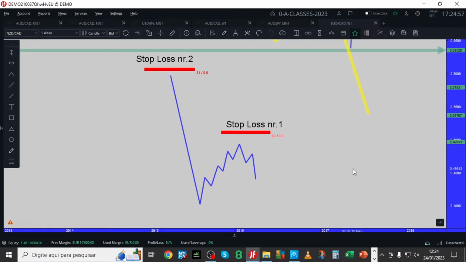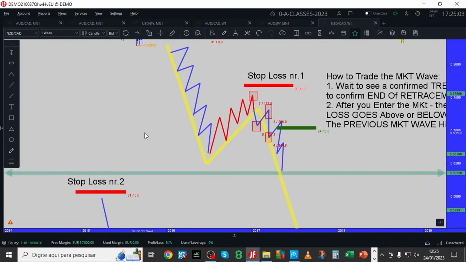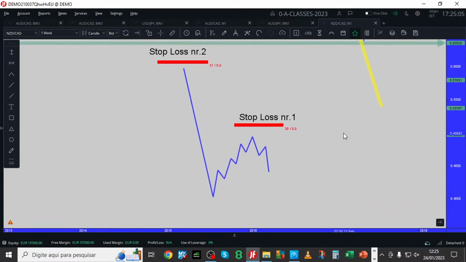New picture, everybody. Most of you said number 1 and only Dimitar said number 2. What about this picture? Which one is the correct stop loss? You enter here, you have a confirmed downtrend, right? You have here a counter trend line break, which we're going to learn, and you entered here. You are shorting the market.